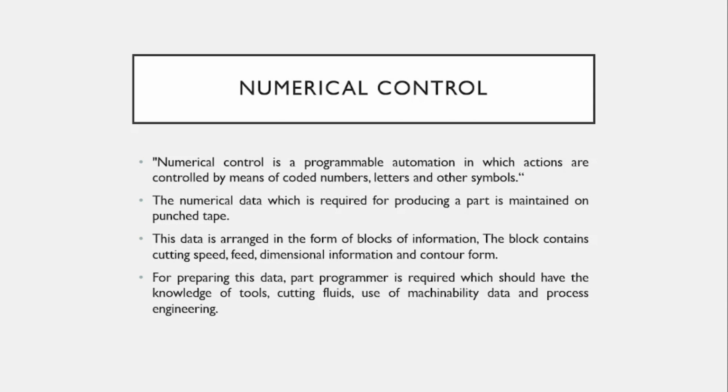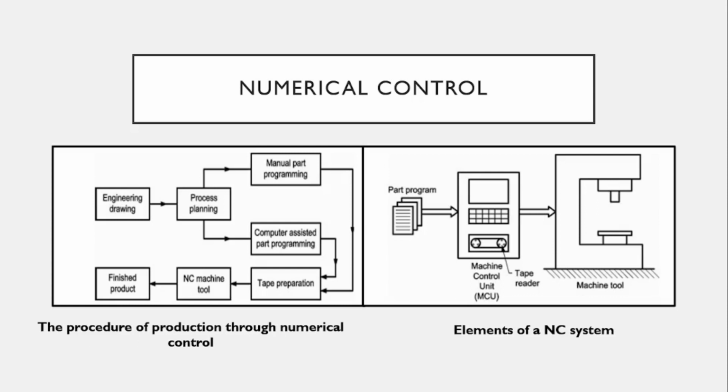To develop the product with good accuracy and good quality, we have to know the cutting speed, feed, and dimensional information related to the particular object. So this is numerical control.